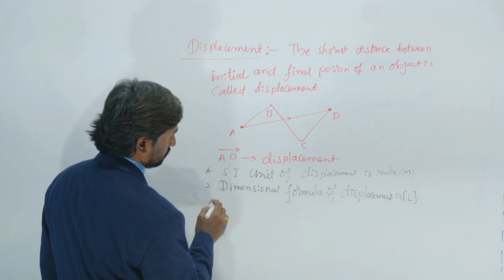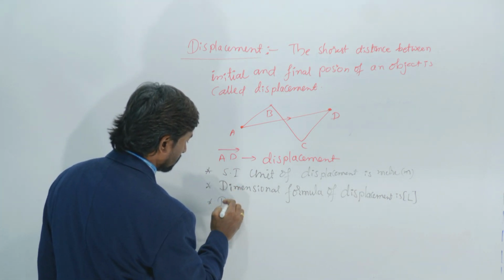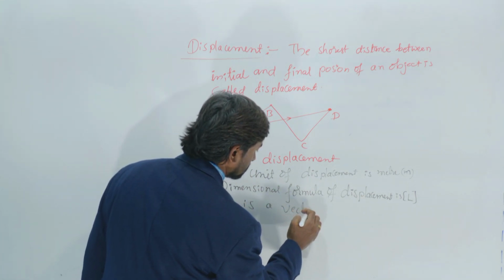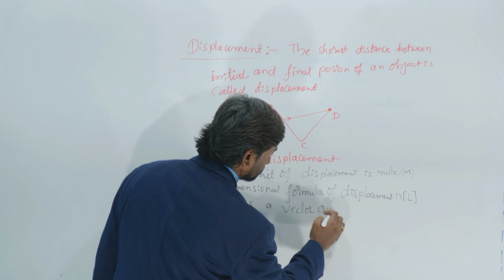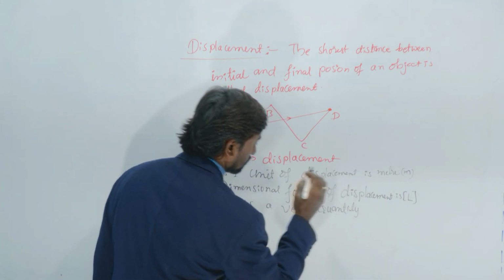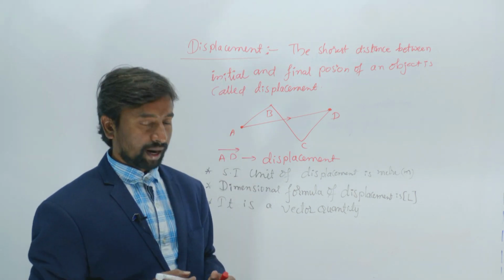And the third one, it is a vector quantity. It is a vector quantity because displacement has both magnitude and direction.